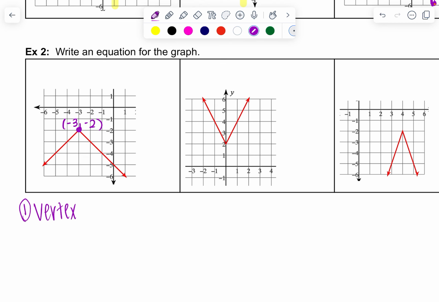So it's moving left 3 and down 2, which means my vertex in this case, let me write down (-3, -2). So when I write my equation, y equals, I'm going to leave a little space.